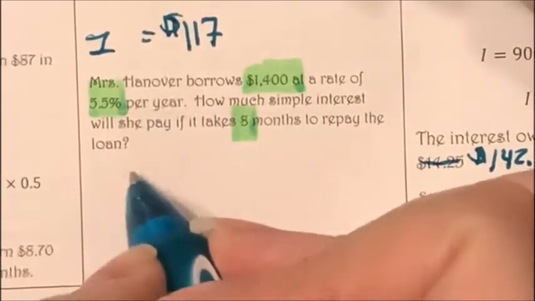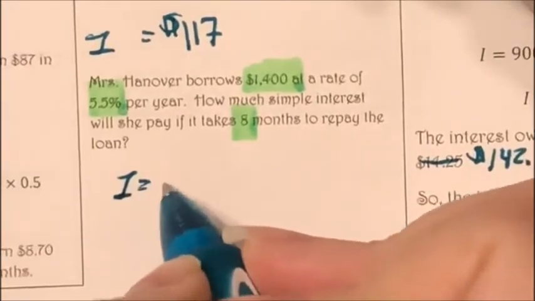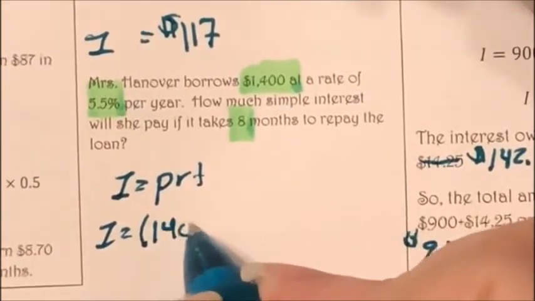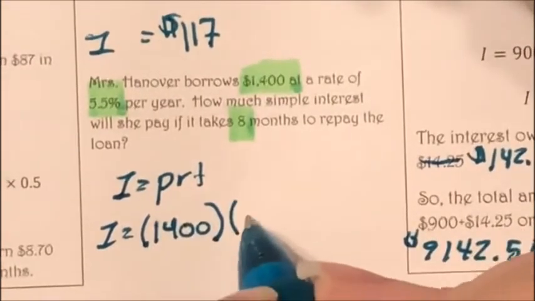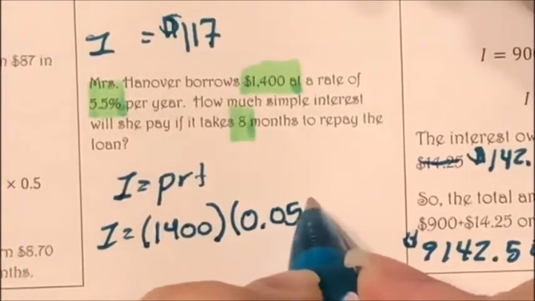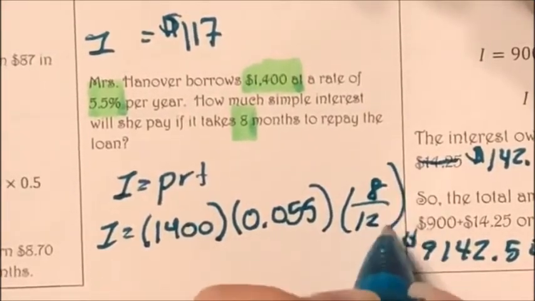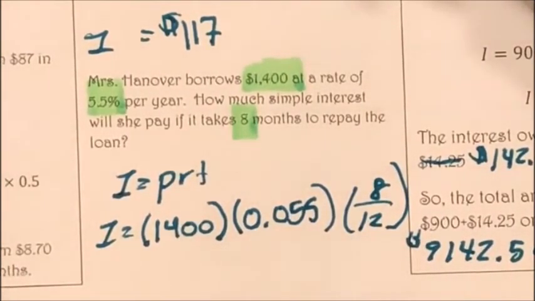I go back to my formula, I equals PRT. My principal is $1,400. My rate is 0.055, and my time is 8 over 12. I can simplify 8 over 12 by dividing both of them by 4, and I get 2/3, which is 0.6 repeating.